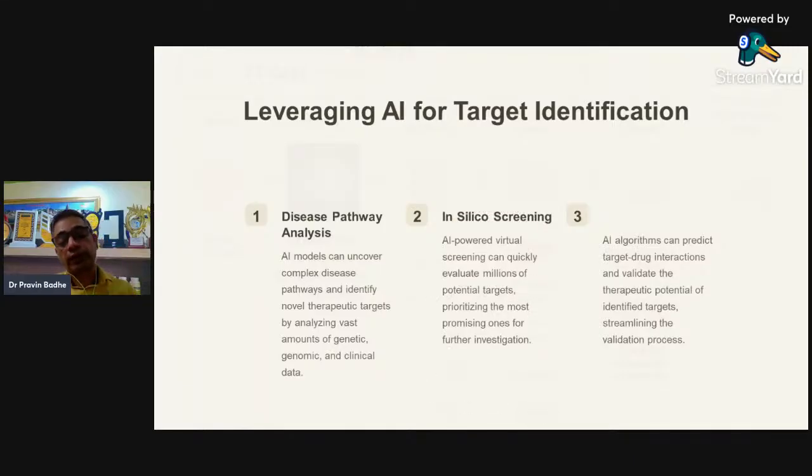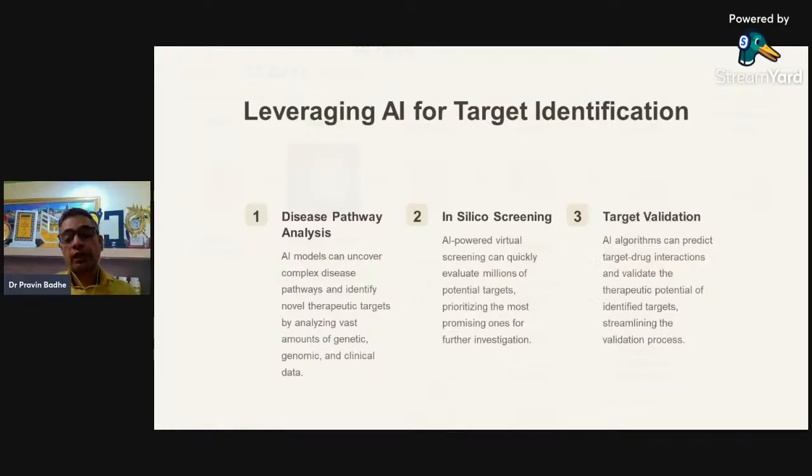Based on that, you can then go for in silico screening, which can easily give you the attachment of the leads to the target, and also the binding affinity of those leads and the target.